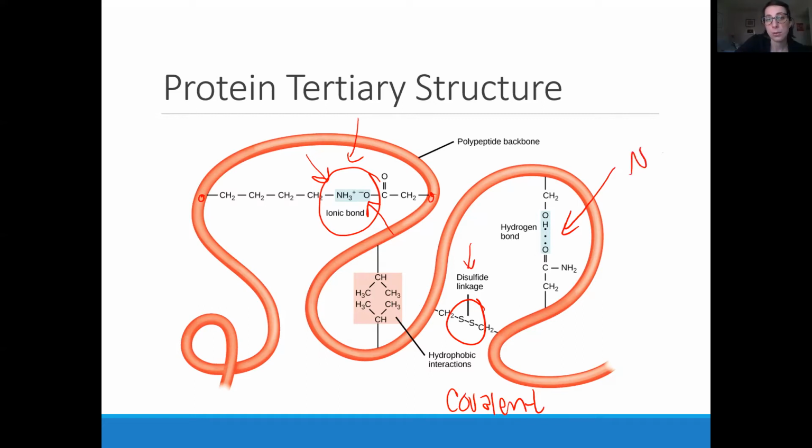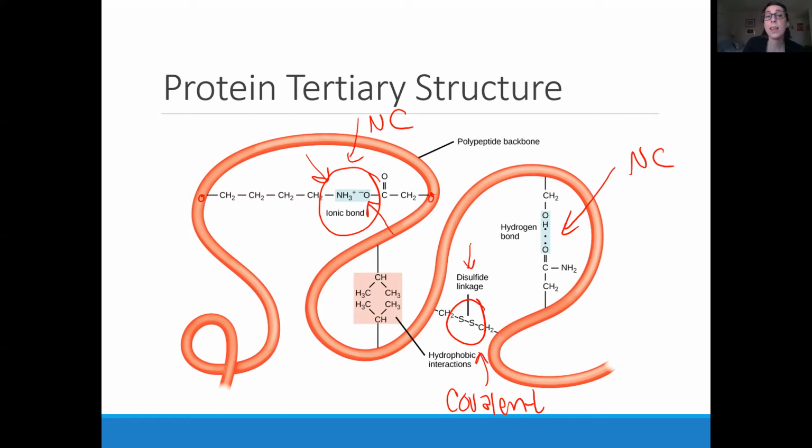So this is a non-covalent type of bond. Disulfide linkages are covalent. They are a sharing bond between two sulfur groups, so they are very strong. These are very tough, strong interactions, and you find them very often within proteins helping to hold together their tertiary structure.